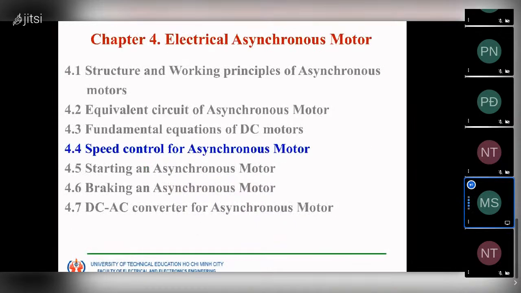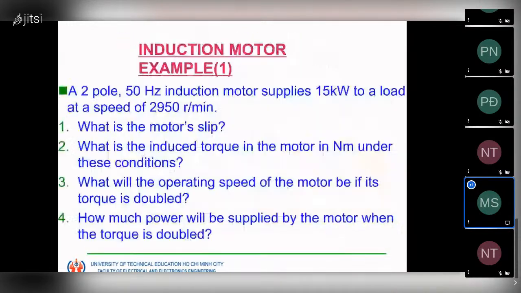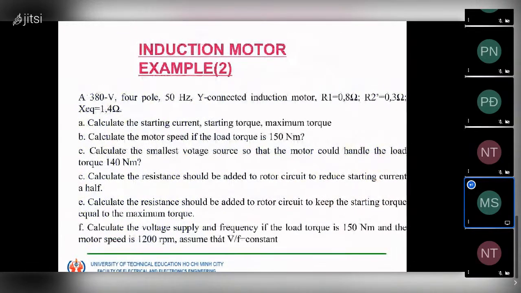So we have an exercise here. Can we finish this exercise? Yes, questions A and B, we have already finished them.